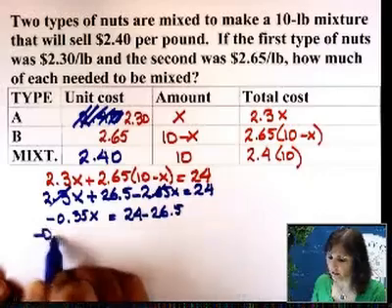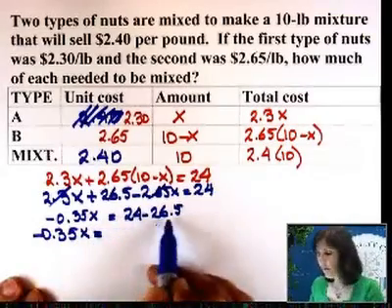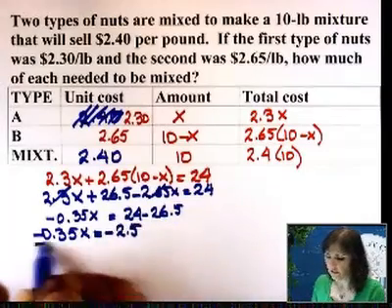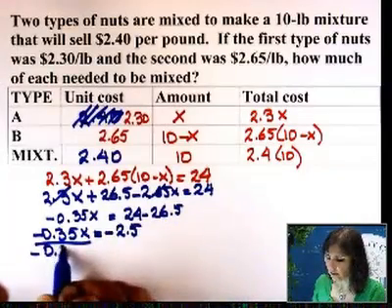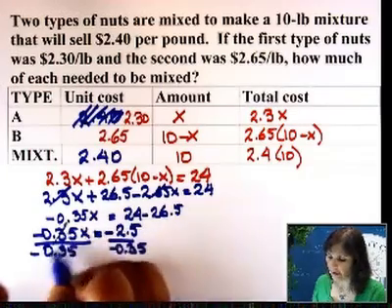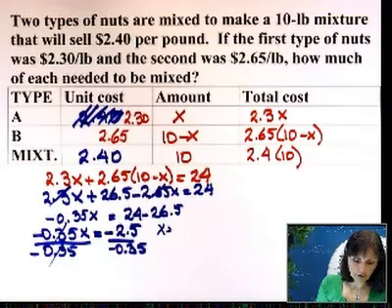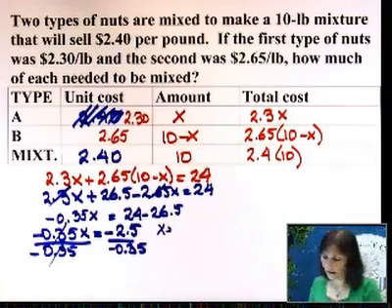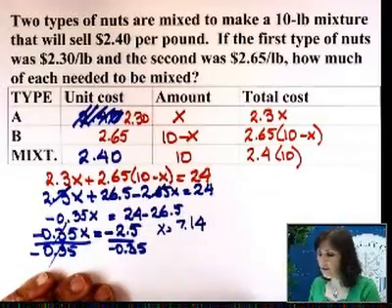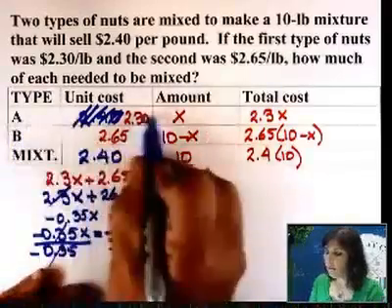So I have negative 0.35x equals 24 minus 26.5, that's negative 2.5. Divide both sides by negative 0.35. What do I get? x equals 2.5 divided by 0.35. That's 7.14. 7.14 what? 7.14 pounds of the type A.